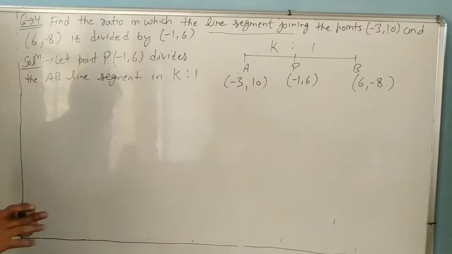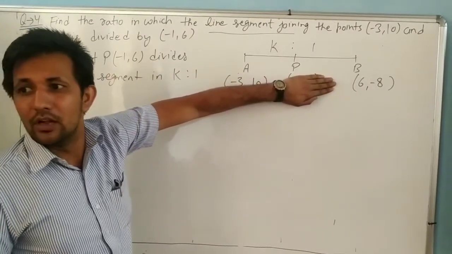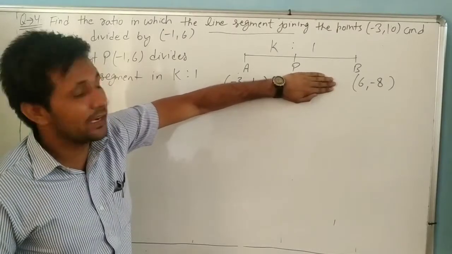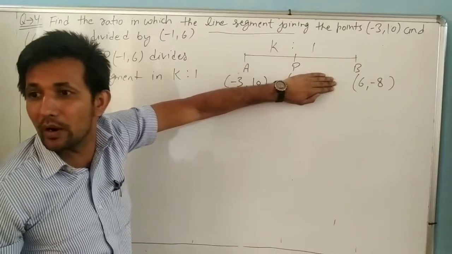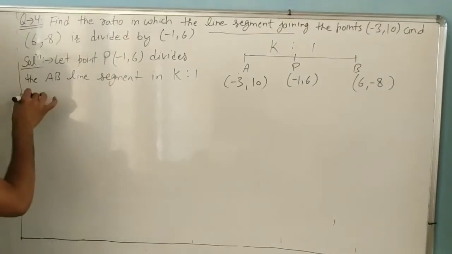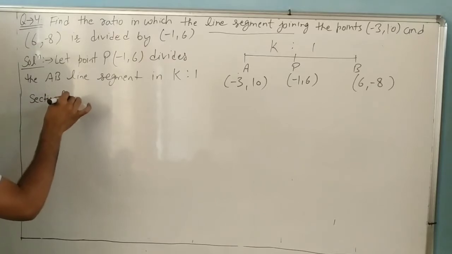It's very simple. Suppose P is not given, how to find the coordinates of P? By the section formula, and the ratio is K:1. So first write the section formula here.